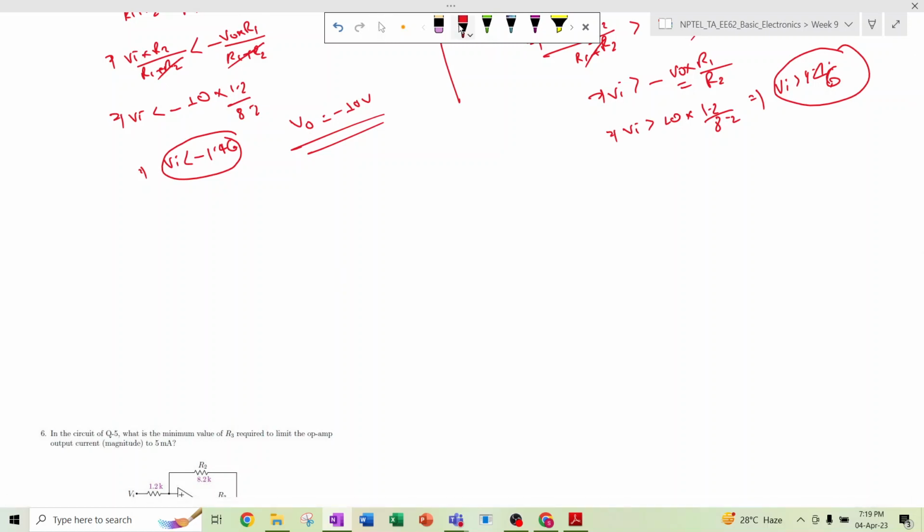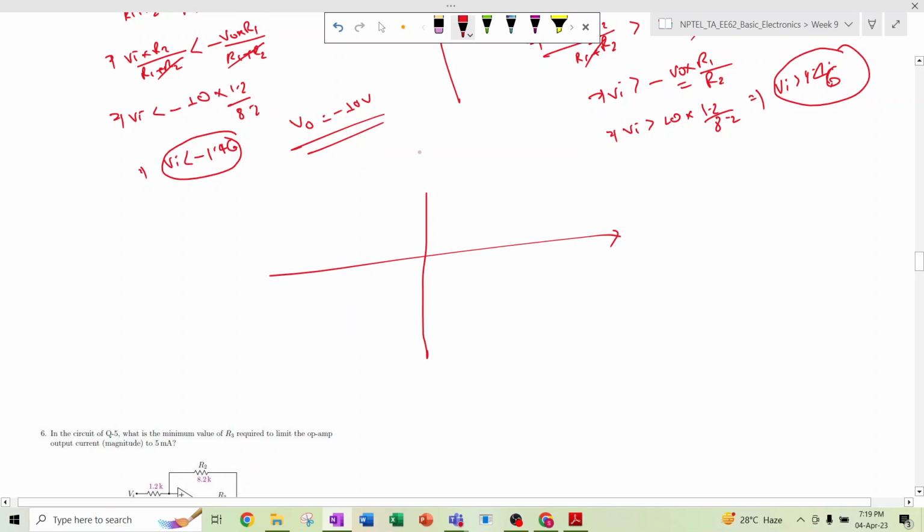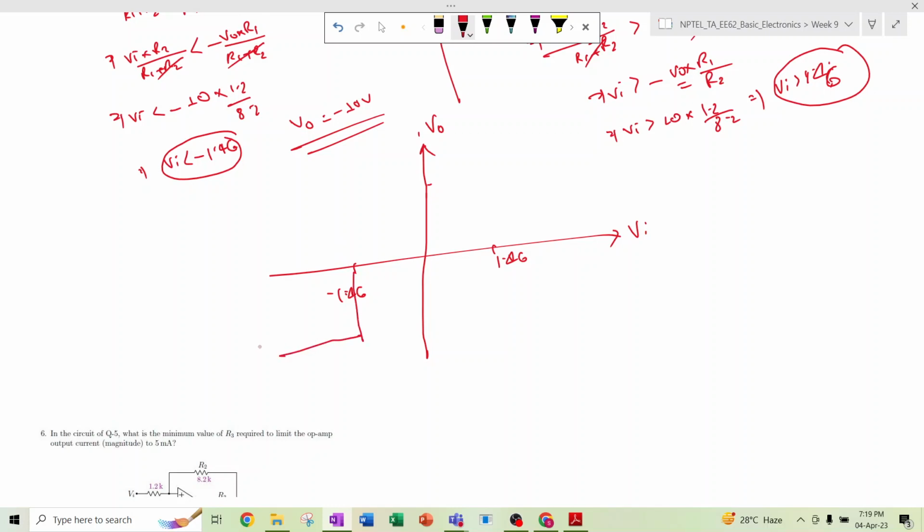Okay, so if we plot the curve, this is the VO versus Vi. This is 1.46 and this is minus 1.46. If Vi is less than minus 1.46, then VO will become minus 10 volt. This is minus 10 volt and this is plus 10 volt.